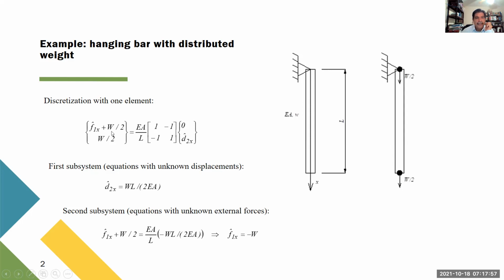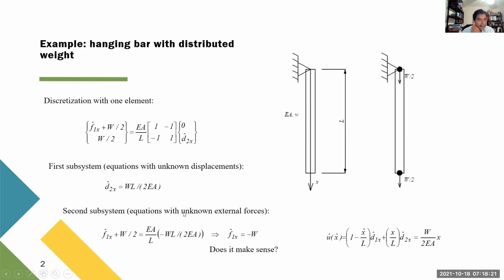And the result is going to be this. And here, this is what we do not know. So we take this term to the other side, and this is the result. It makes sense, because that's the external force, that's the reaction, and it points in the negative direction, upward. So that's the general process.